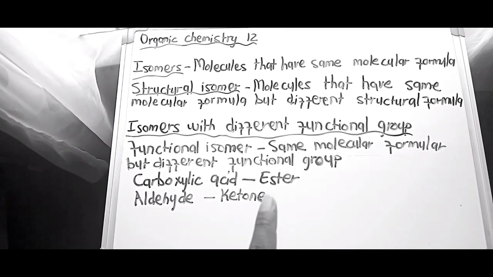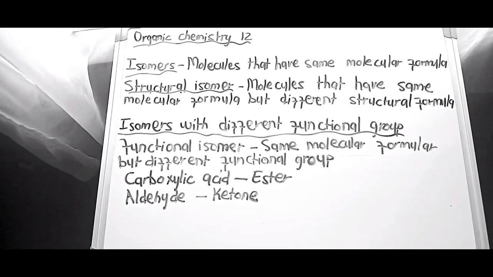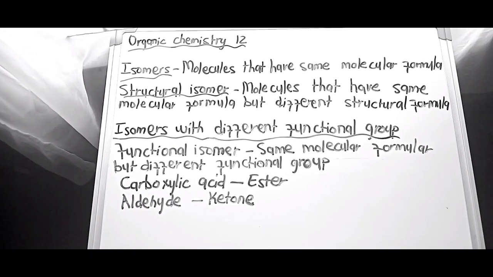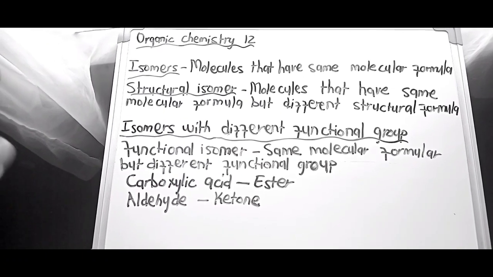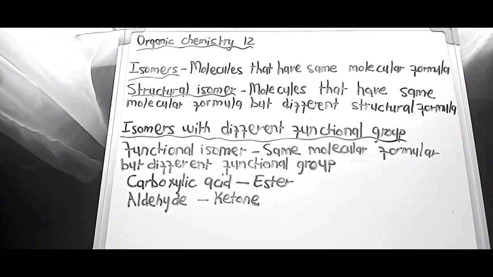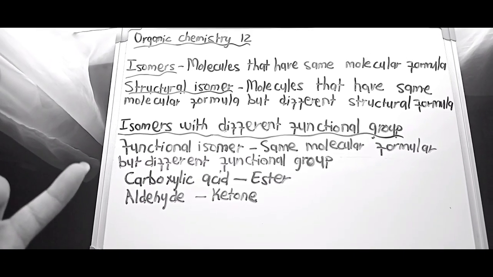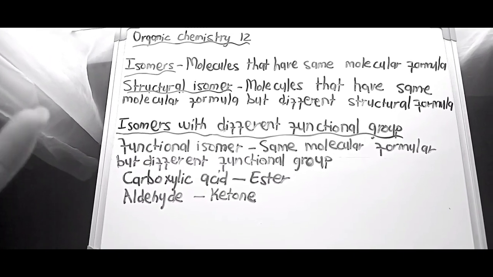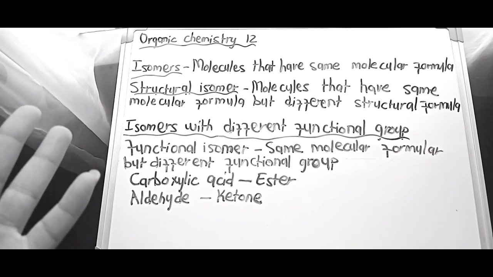The functional isomer for the ketone is the aldehyde. So we are going to go through an example and show you how these two homologous series have a relationship, how they have the same molecular formula, and as I've highlighted, they have the same general formula, but different functional group.